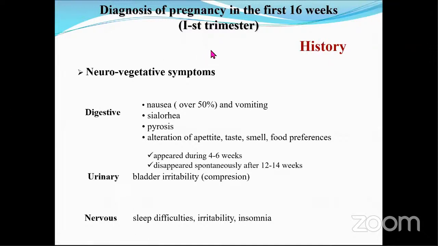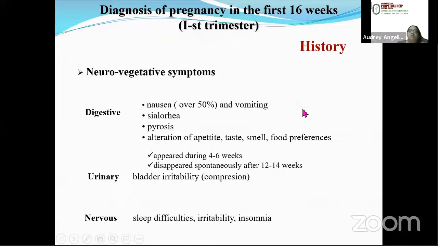Nausea, vomiting. Okay, it's important to specifically ask for nausea, bleeding, and abdominal pain, because these are the most common symptoms of a pending abortion. Of course, there are a lot of changes that will occur in our body, primarily breast changes.